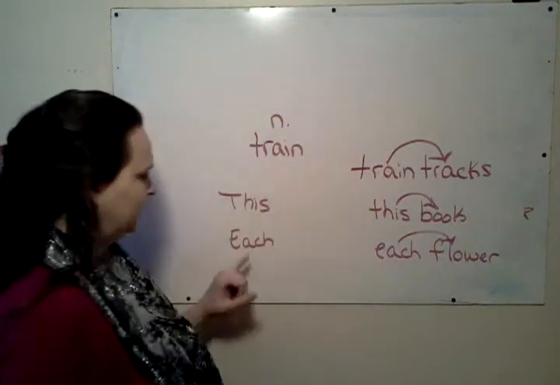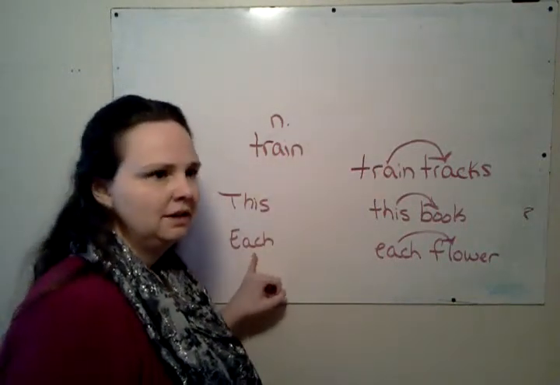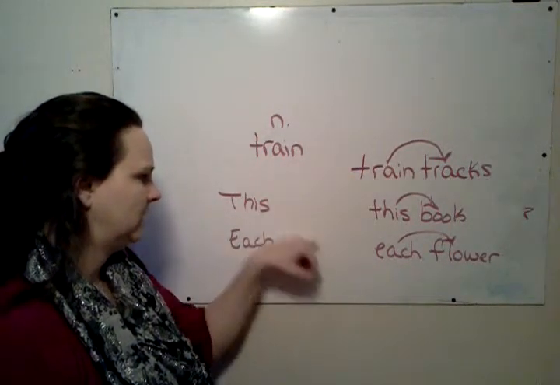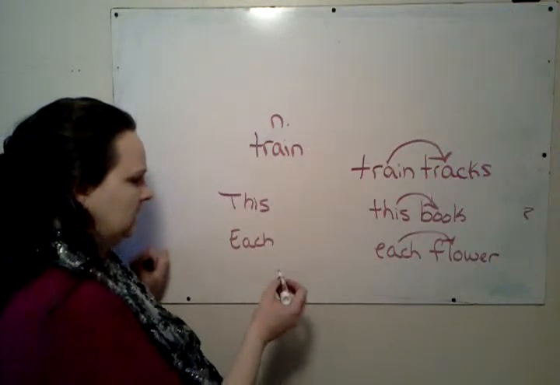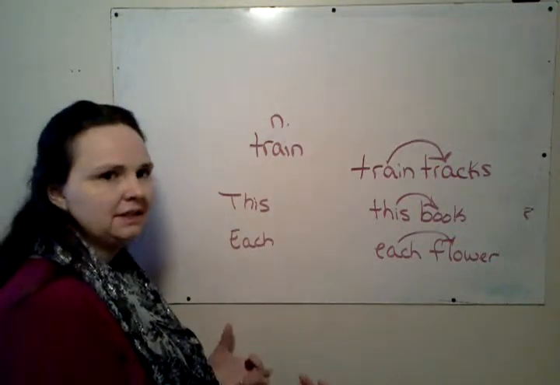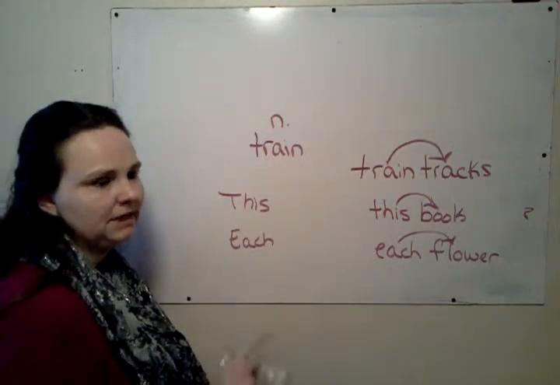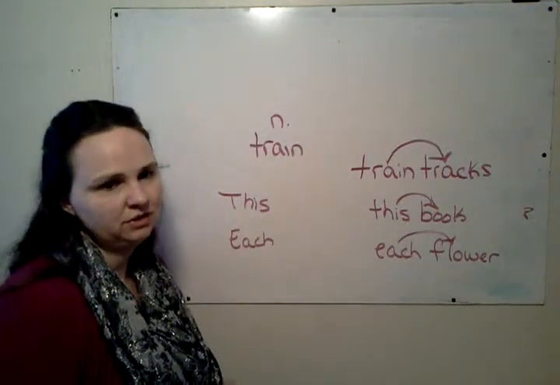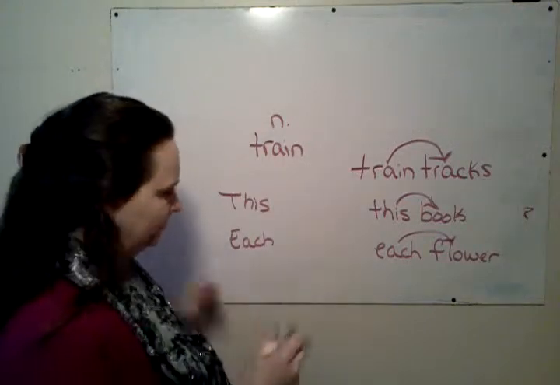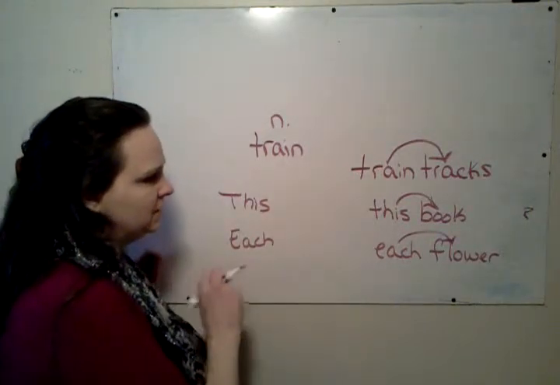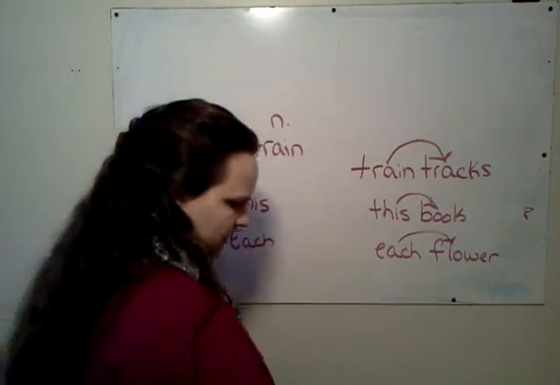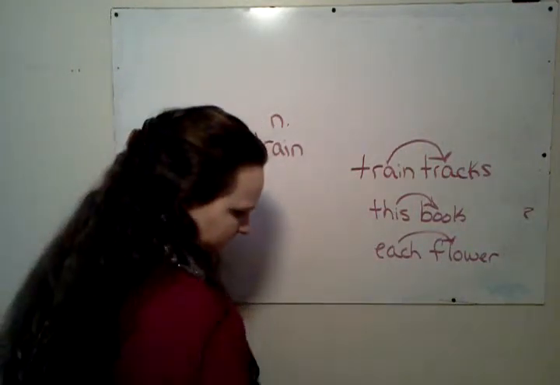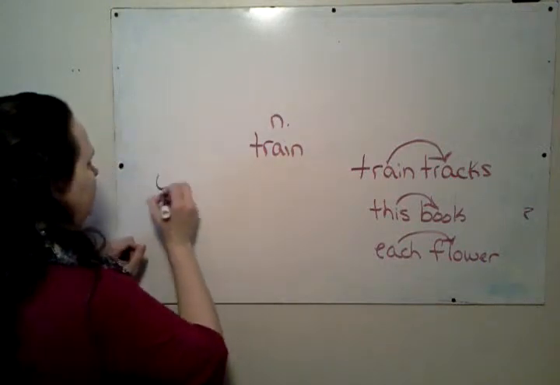But if I said each of the students studied, there's no object. Each is replacing the noun. Each of the students. Of the students is a prepositional phrase, so that cannot be the subject. Let me write it out for you so you understand what I'm saying. Each of the farmers planted wheat.